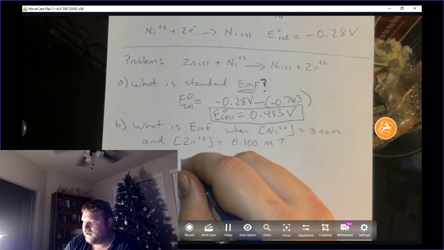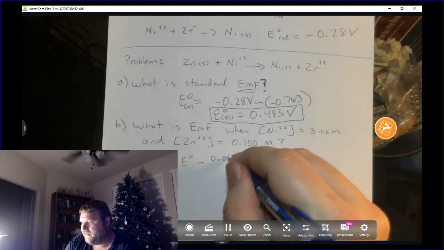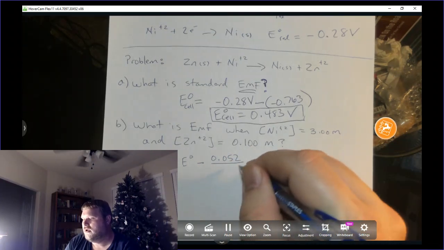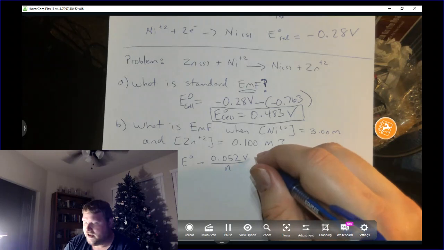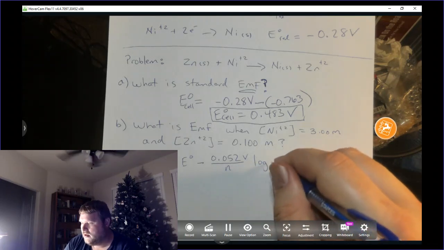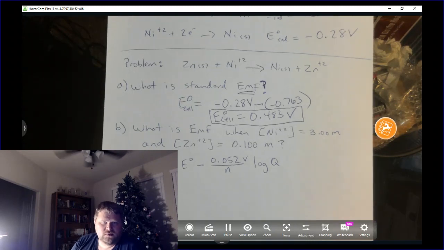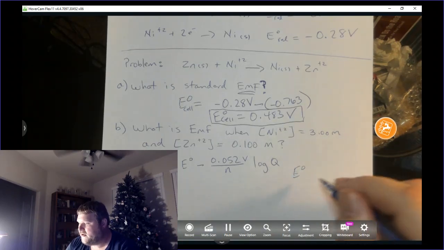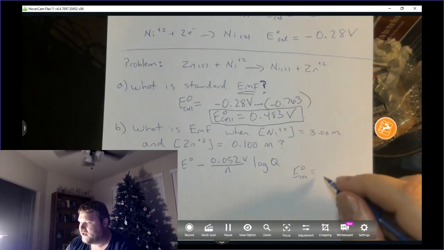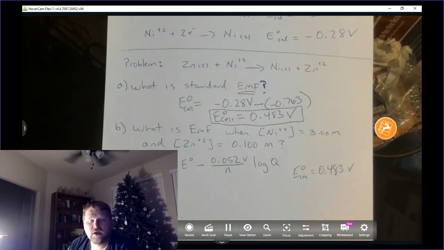So we're going to use E equals standard E minus 0.052 volts over n times the common log of Q. So let's get a few of these pieces of information figured out. First of all, the standard cell potential we just calculated is 0.483 volts. Okay, got that knocked out.